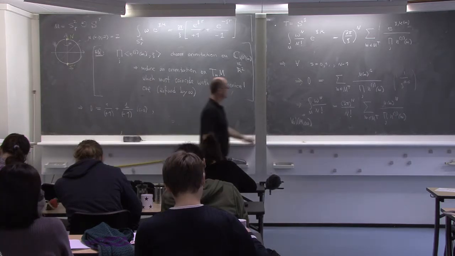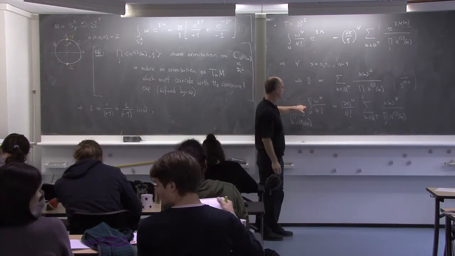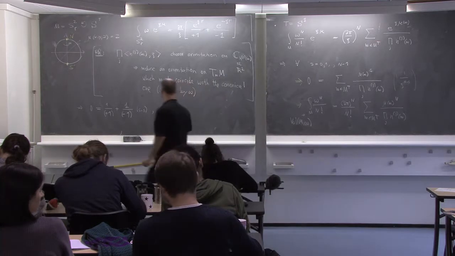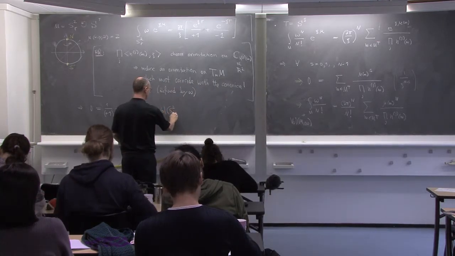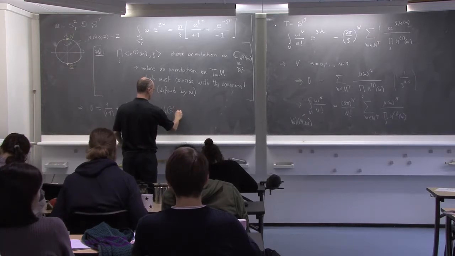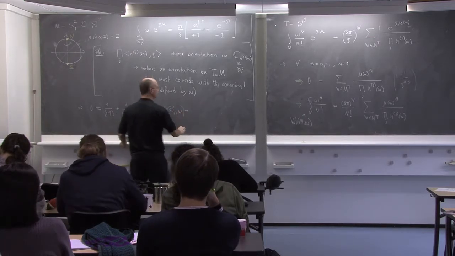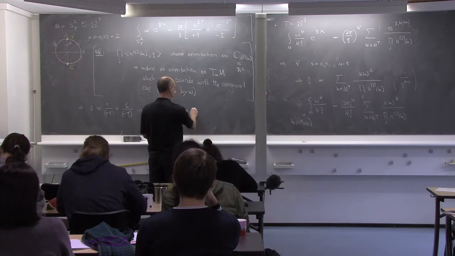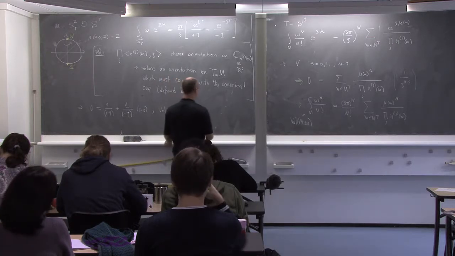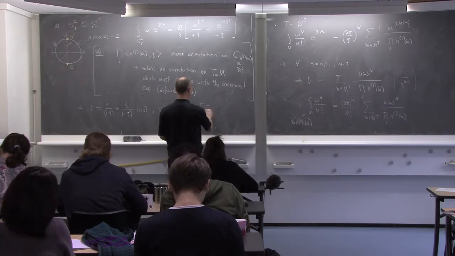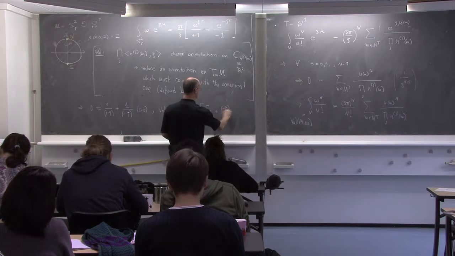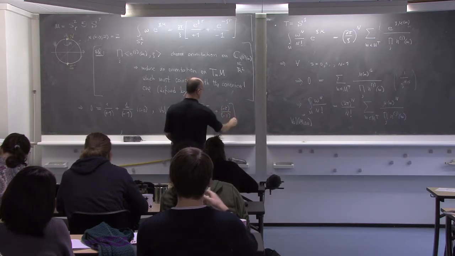Now, what about this equation? How would it look? So the volume of S2, R omega, will be equal to 2 pi to the power 1. And then here we have R divided by plus 1 plus minus R divided by minus 1.